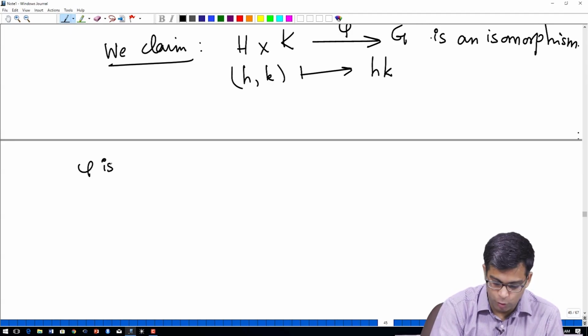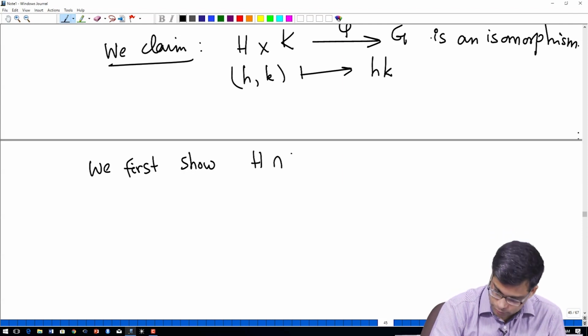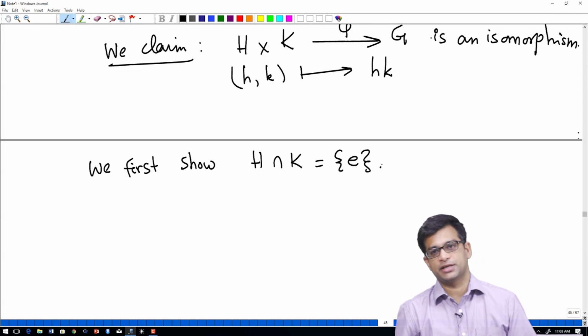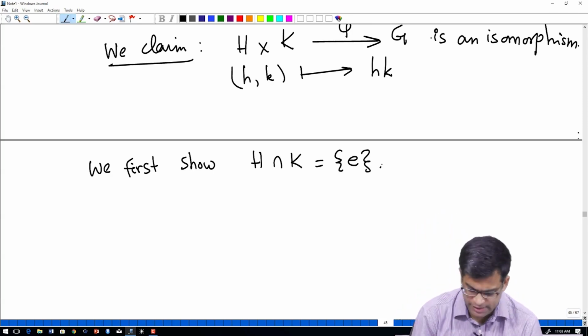First, phi is a homomorphism. But before that, we first show that H intersection K is {e}. Why is this?